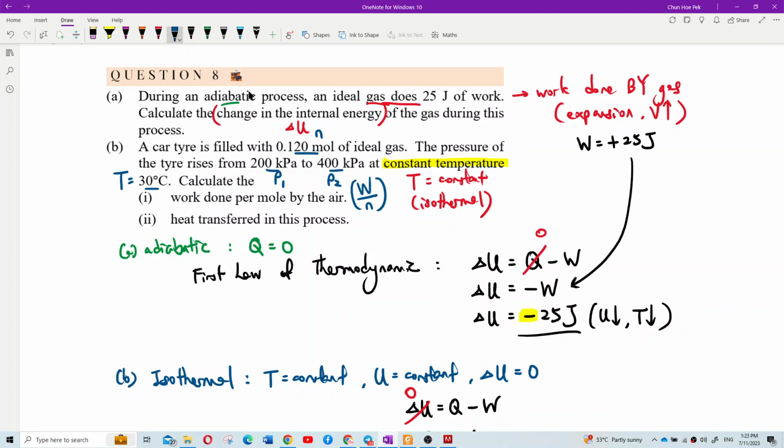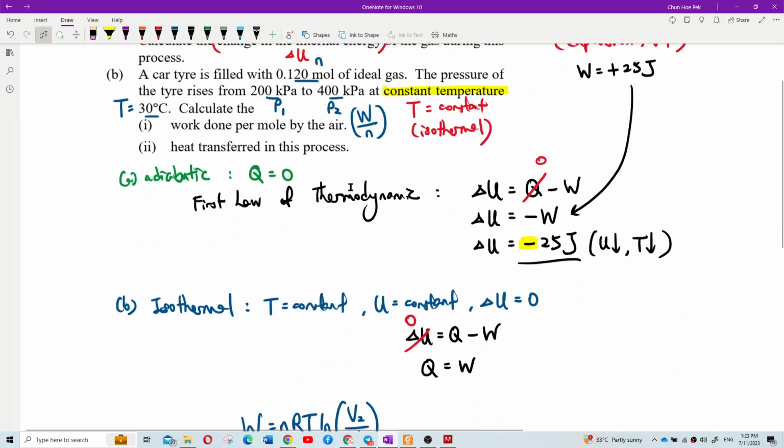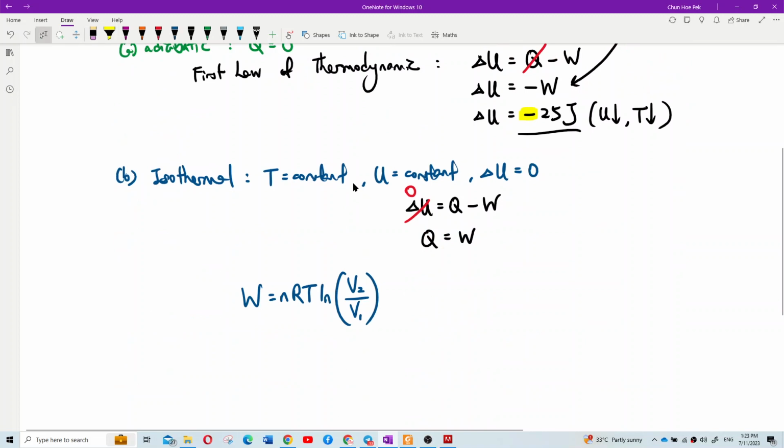Do you think you can do it? Oh, he gives you pressure. That means you must change your formula. You can also write it as nRT ln P1 over P2. Correct or not, class? I taught you just now. You can change V2 over V1 to P1 over P2.